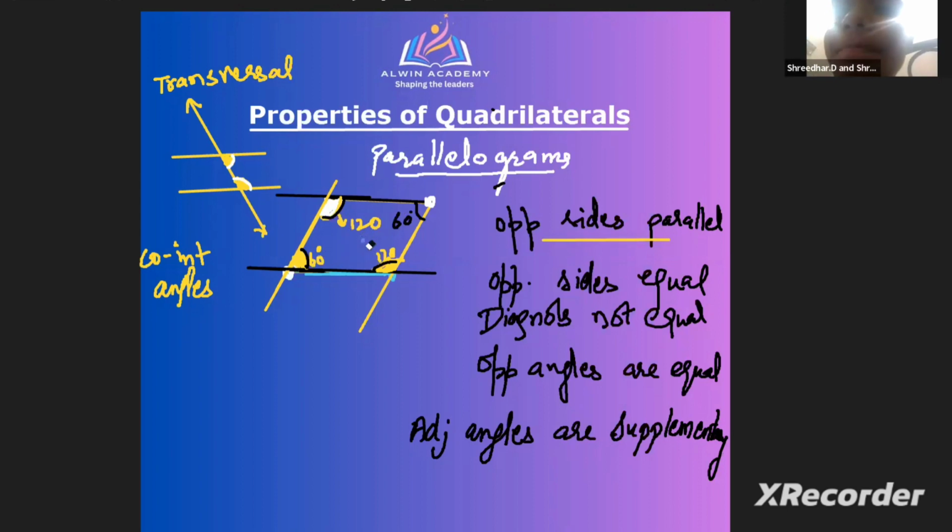Okay, ma'am. So write all the properties: opposite sides are parallel, opposite angles are equal, opposite sides are equal, diagonals are never equal in a parallelogram, and adjacent angles are supplementary.